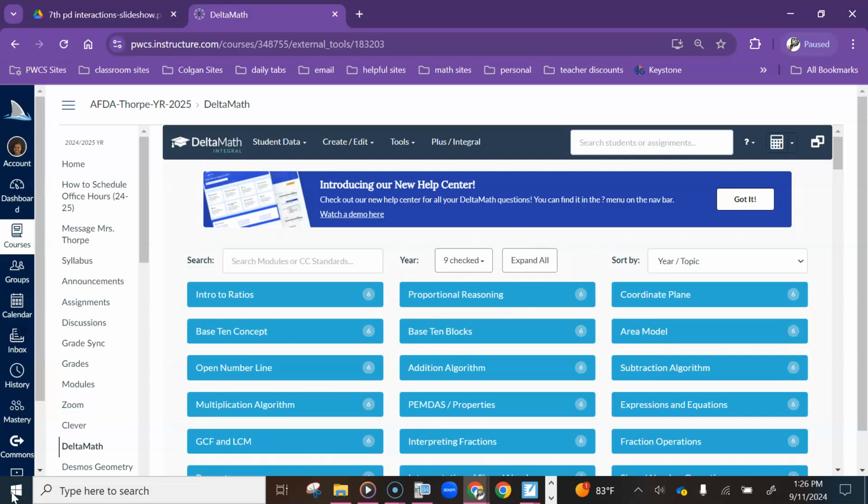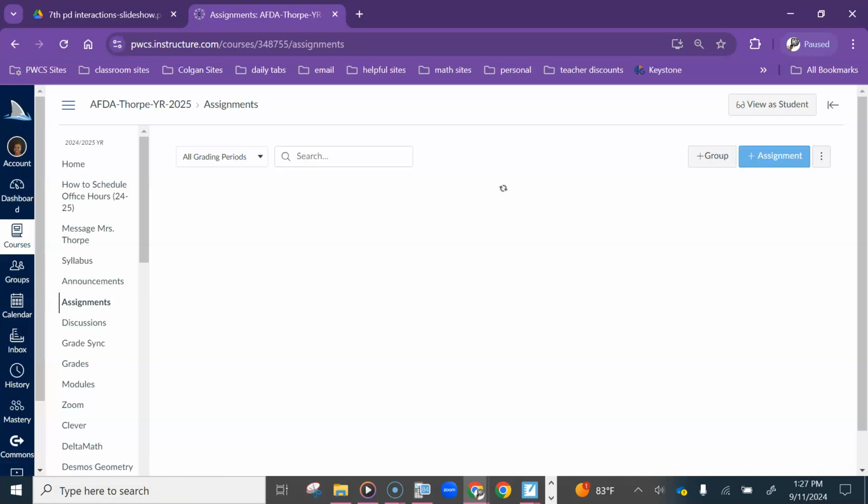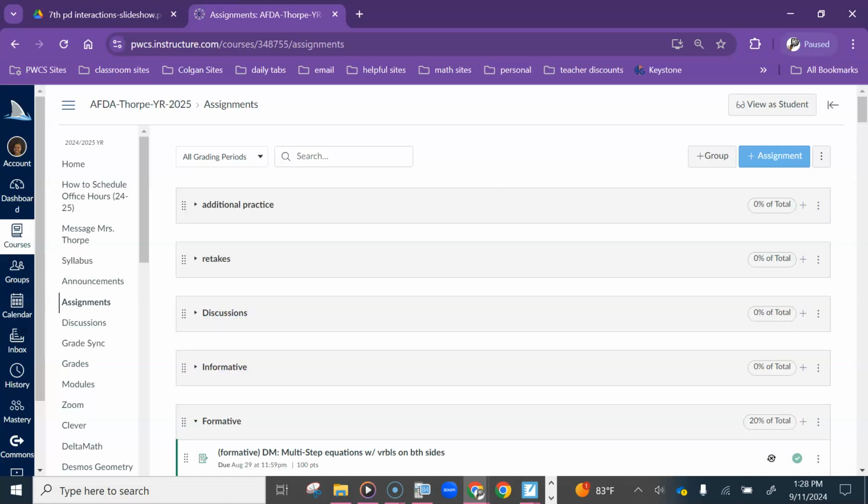Now mine doesn't pop up, but for our actual assignment, we're going to go into assignments. So hit done in the top left corner, and then go to assignments.